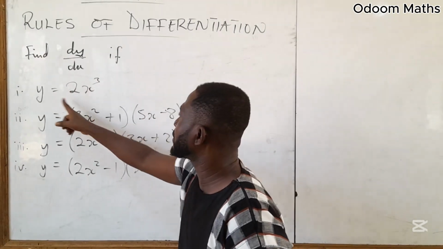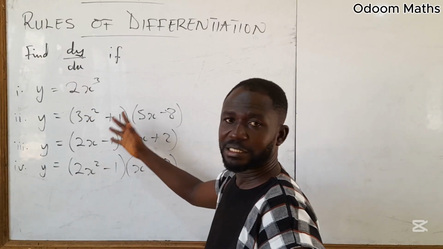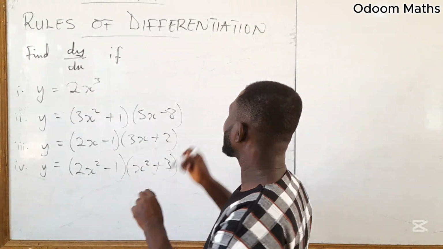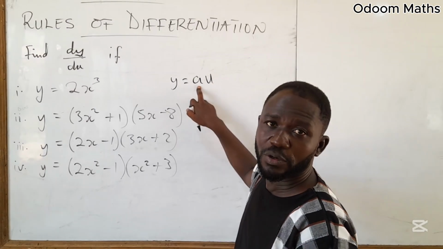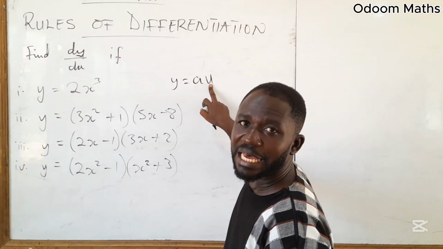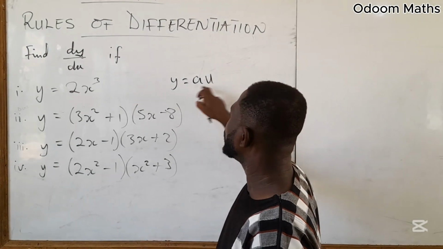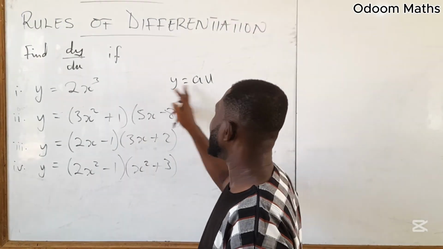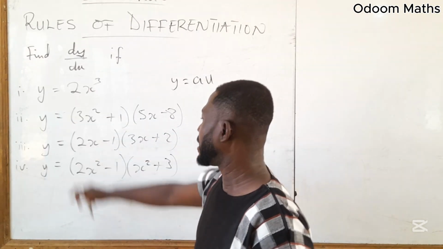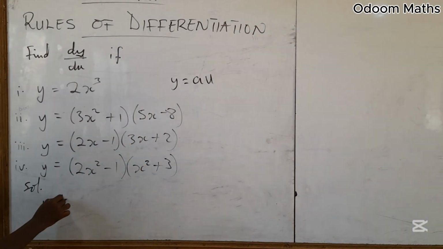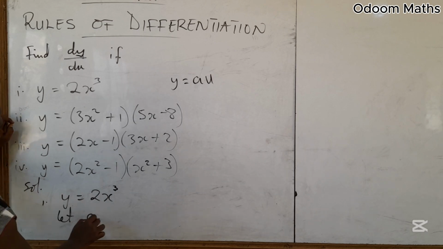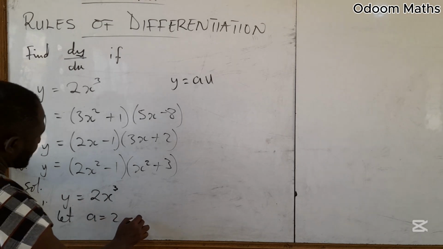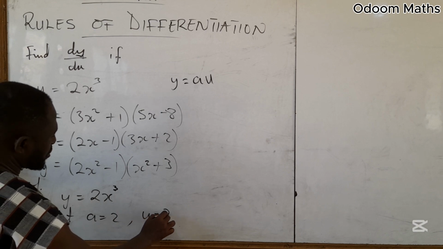Now let me look at this, and then we take this. So this is the first instance we did, where we have y equal to au, where a is seen as a constant and u is seen as the function of x. So here our u is the x cubed, and then a is the 2 here. So the first instance, y equals 2x cubed. I can say that let a be equal to 2 and then u be equal to x cubed.